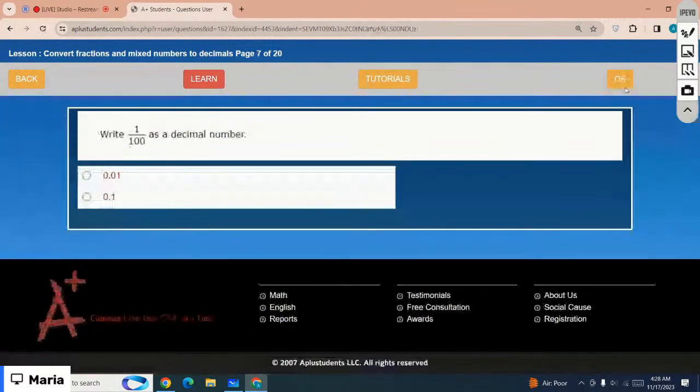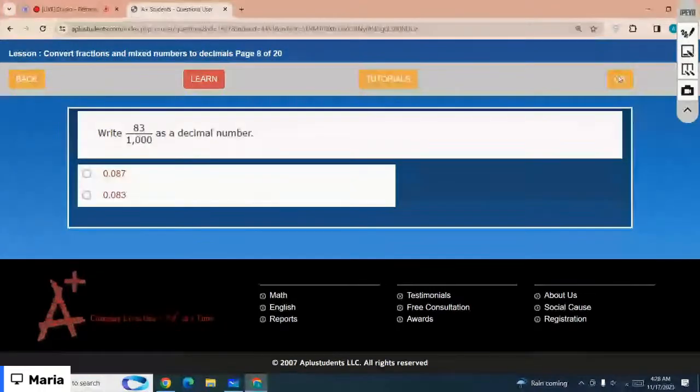Okay, write 1 over 100 as a decimal number. So which is the correct option? Very good. That is 0.01. Option 1 is the correct option. Okay, write 83 over 1000 as a decimal number.